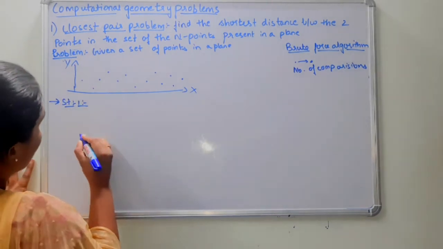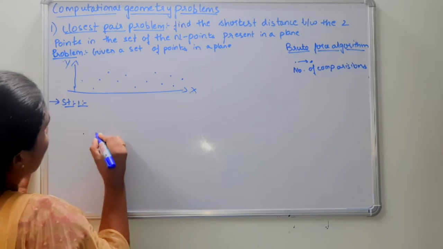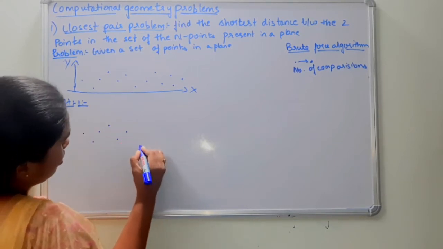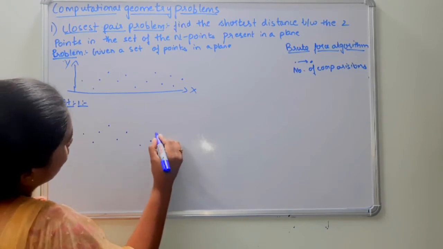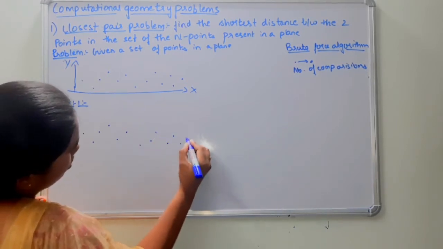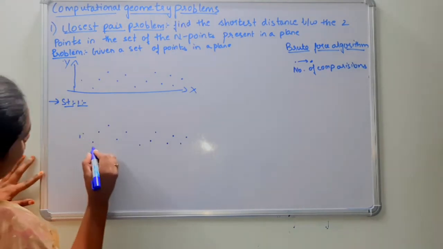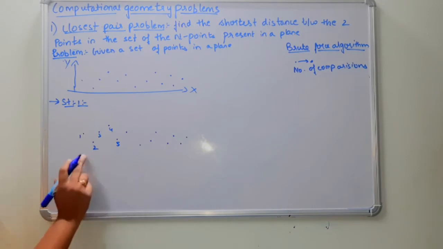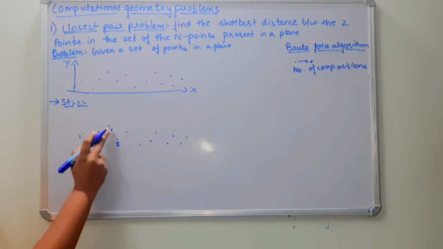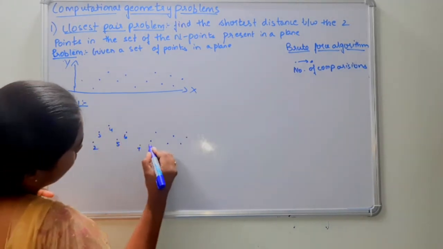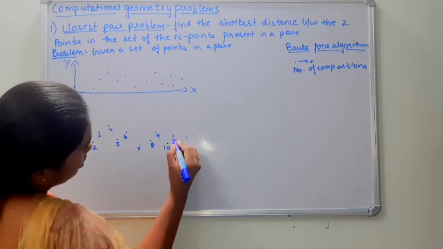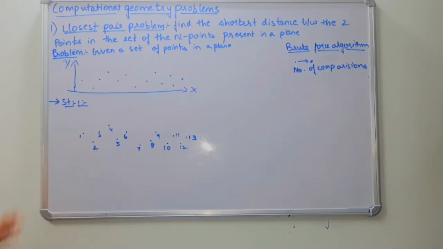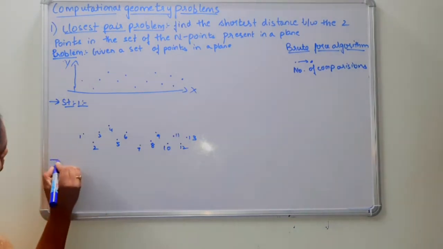Sorting means we have to give the number. 1, 2, 3, 4, 5. We have to give according to the x-axis only. 1, 2, 3, 4, 5, 6, 7, 8, 9, 10, 11, 12 and 13. Okay, we have given.